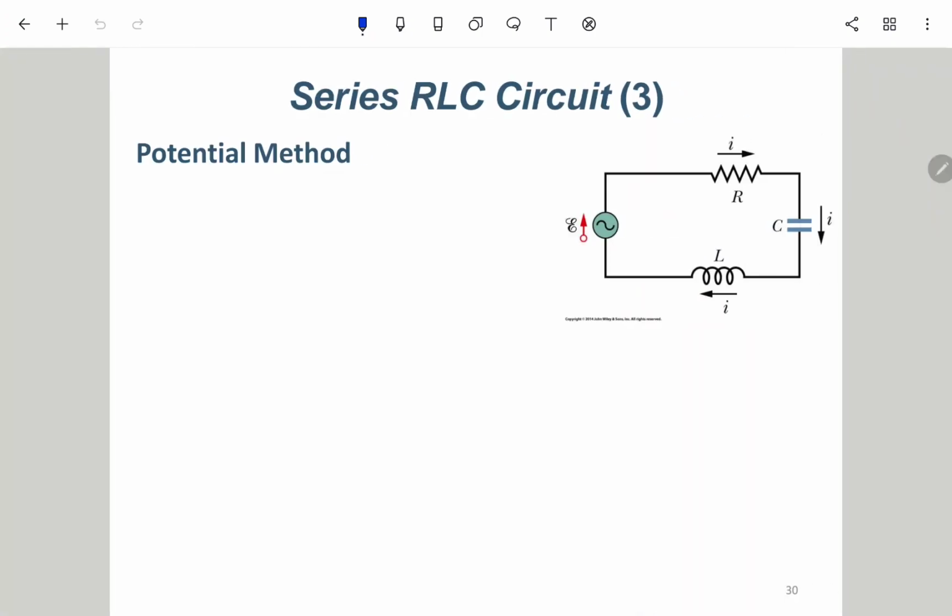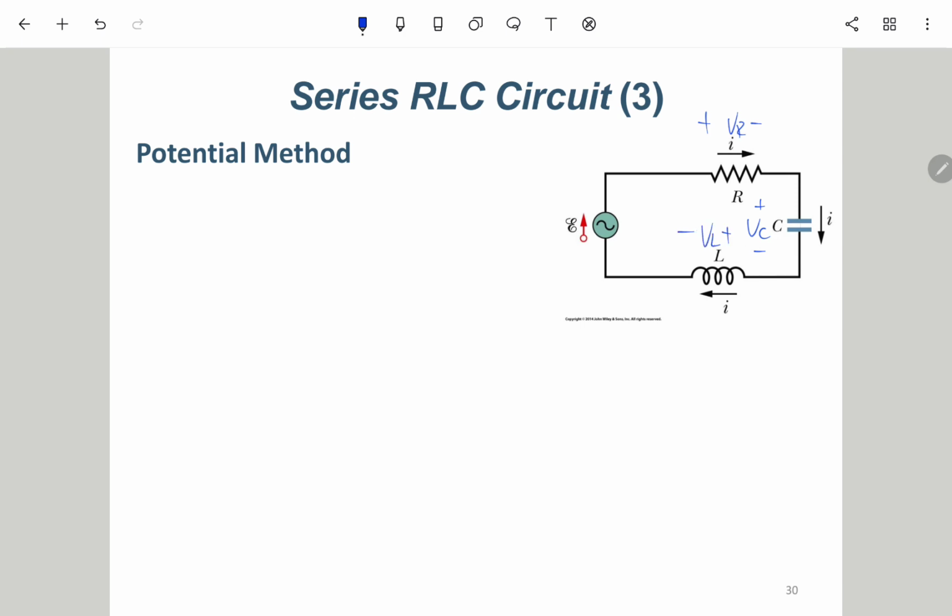Okay, so actually we can also use the potential method to do the similar things, and actually it will be like VR plus or minus, and then VC plus or minus, VL plus or minus.